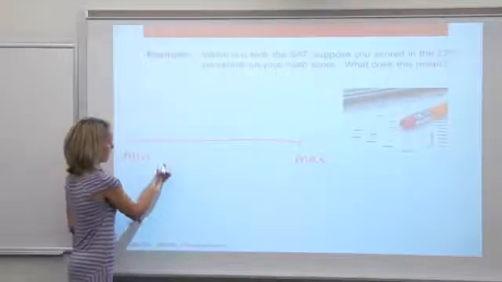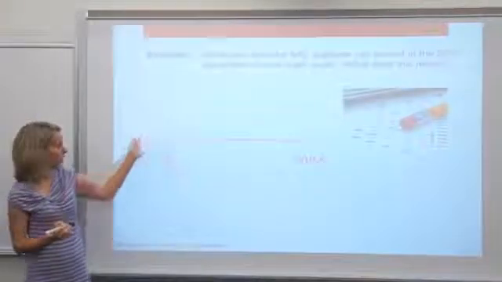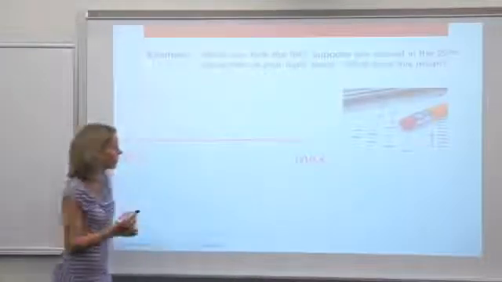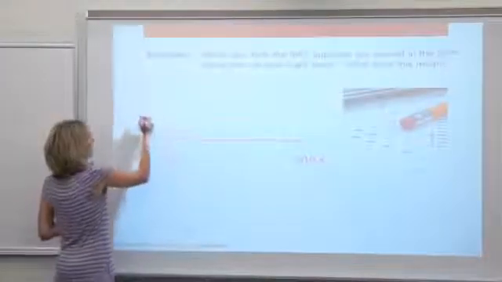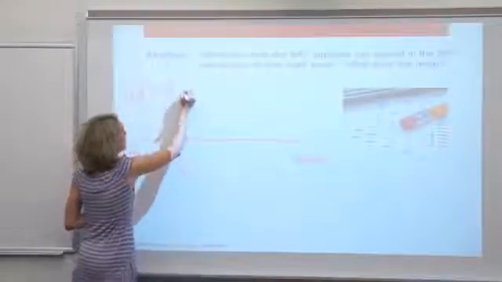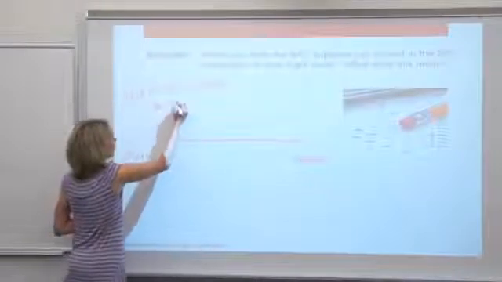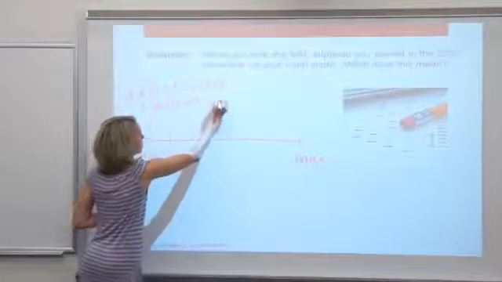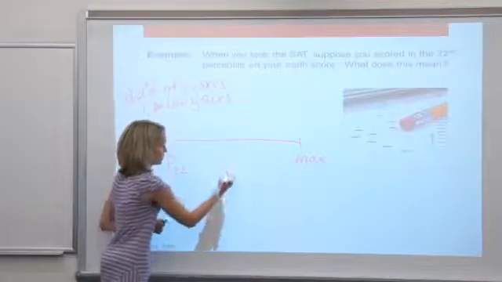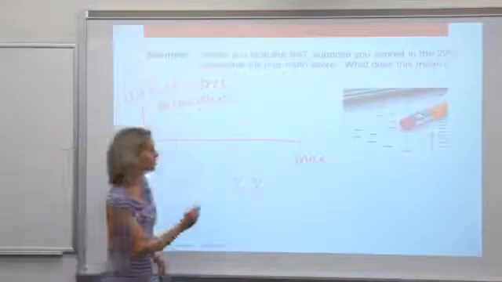I'm going to approximate that to be about here. 22% of the people that took the SAT had scores lower than you, and the other 78% of people had scores higher than you. And so up here you have the 78% that had scores higher than you.